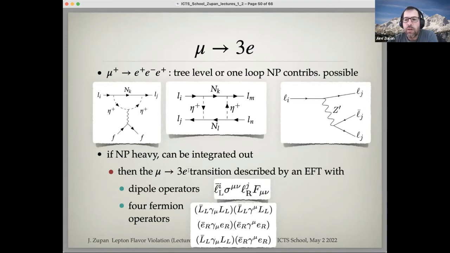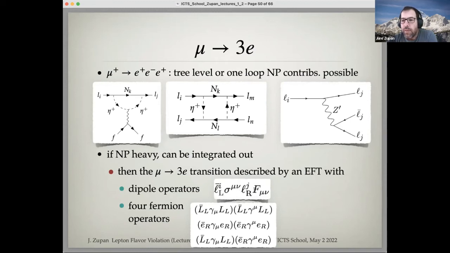The mu to 3e transition will be generated either by the dipole operator, the same operator that generates mu to e gamma. So I take a muon and convert it to an electron and spit out a photon. It's dimension 6 when I include the electroweak structure.